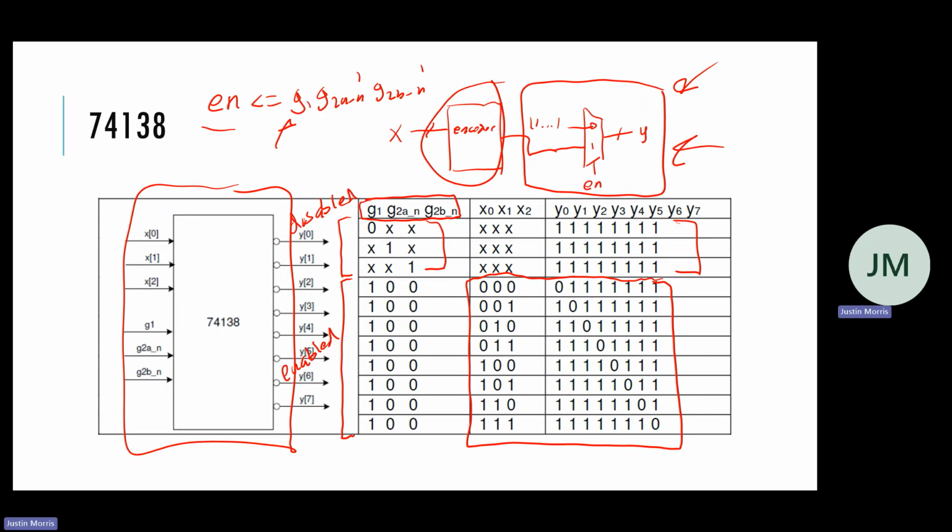You have a process and the if statement would be on the enable and the sensitivity list would be the enable. And if it's 0, then you output all ones, else you select, maybe you're calling it Y internal, the output of the encoder.